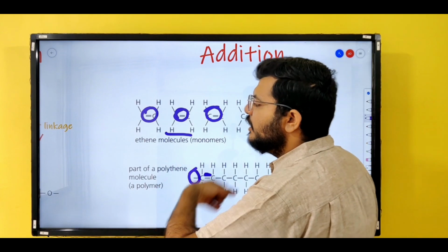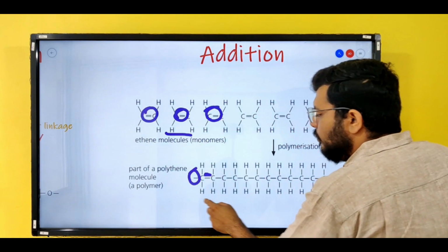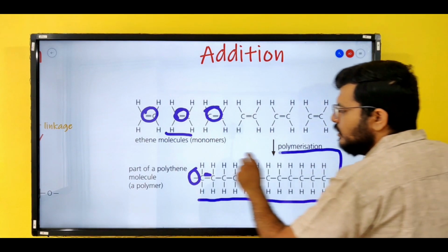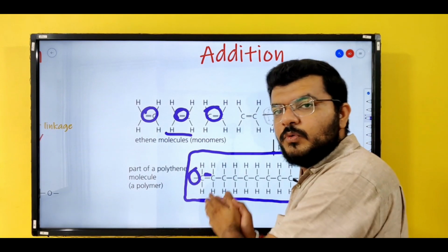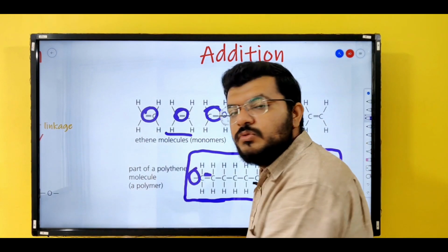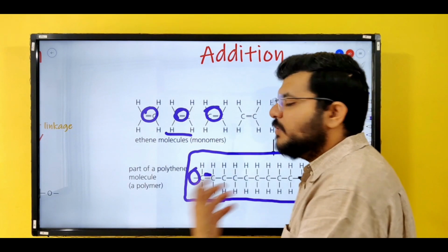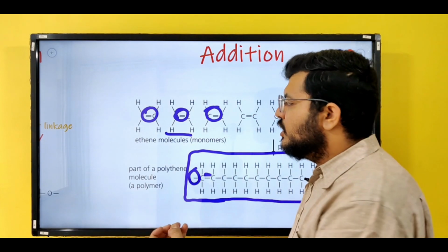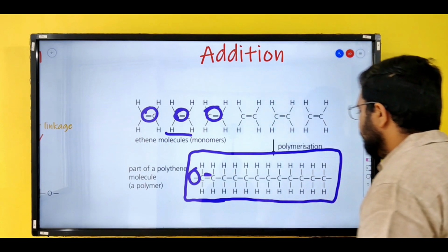This bond can accommodate the next ethene molecule whose double bond is again broken. By these repeating units we make polymer. Because the monomer was ethene, the polymer is known as polyethene, right? Some polymers have specific names, but mostly polymers are named according to their monomers, right?